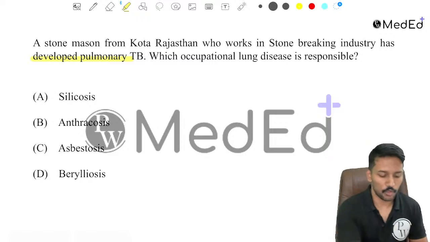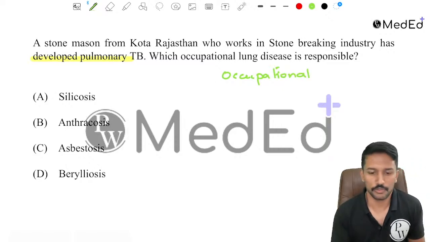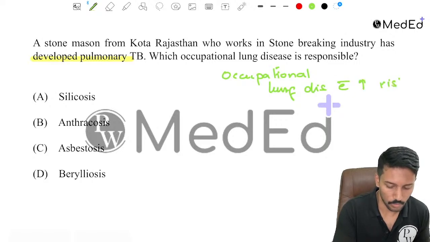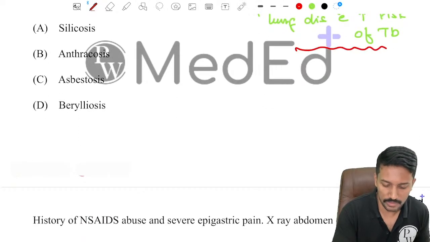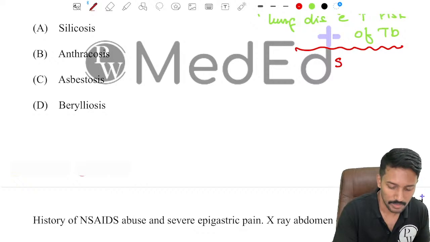See, if it is an occupational lung disorder associated with increased risk of tuberculosis, what comes to your mind? Occupational lung disorder with increased risk of TB. There are two occupational lung disorders which are associated with increased risk of TB, and among them the highest risk of causing TB is silicosis.